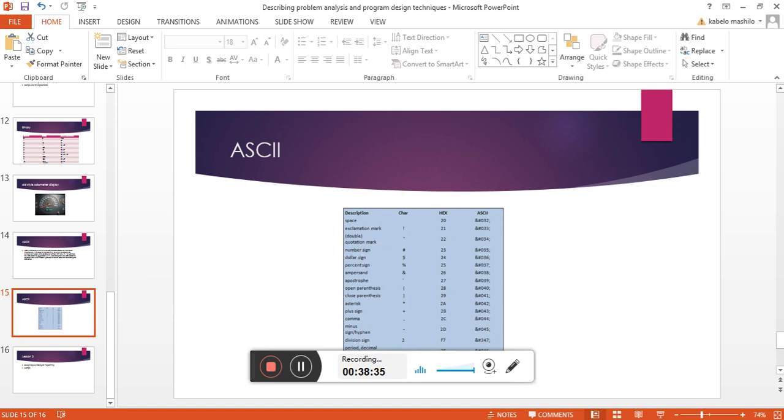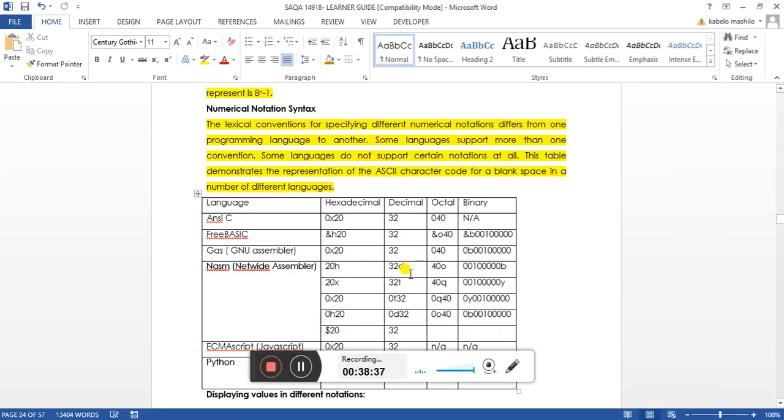So going back to our learner guide, this table demonstrates the representation of the ASCII character code for a blank space in a number of different languages. In ANSI, in hexadecimal, we've got 0x20, in decimal it is 32, in octal it is 040, and in binary we don't have one.